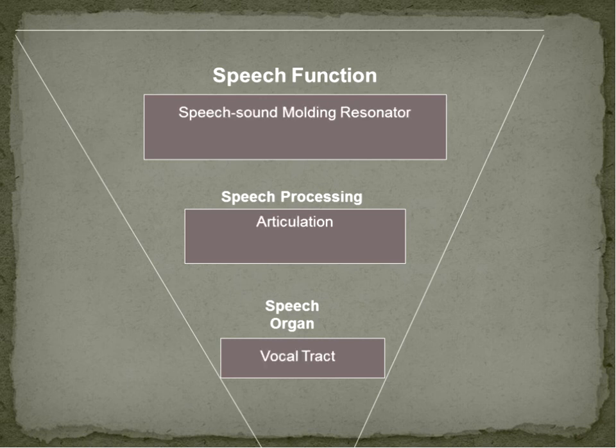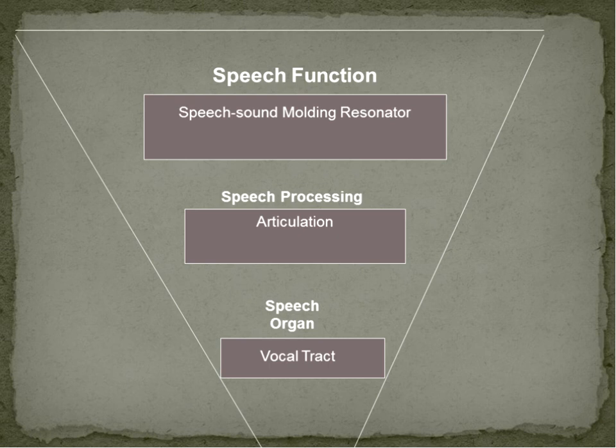That sound is then transmitted through the vocal tract. The vocal tract comprises your throat or your pharynx, your oral cavity, and your nasal cavity. And the purpose of your vocal tract is to then filter the sound that was produced by your larynx into specific speech sounds.